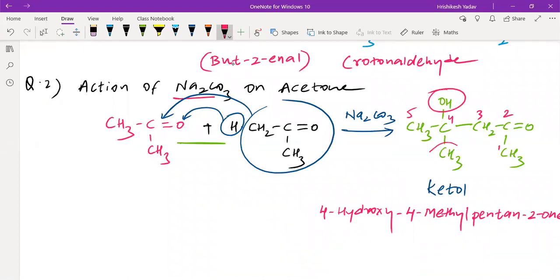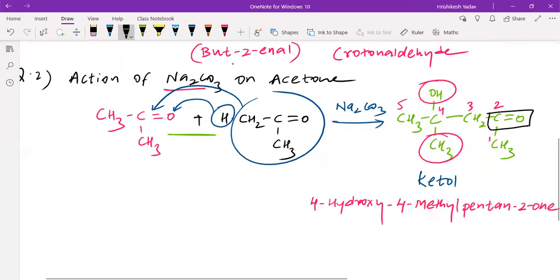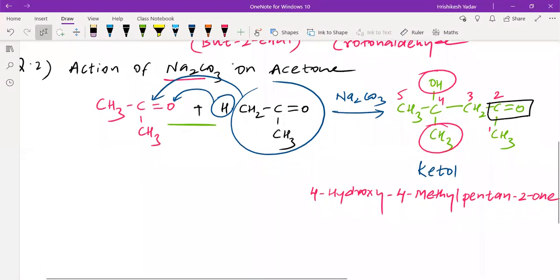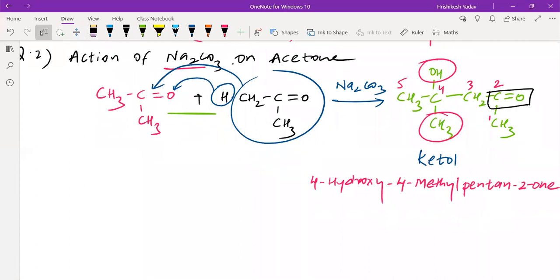These are the two groups which are attached, and there is one main functional group which is this. So the name of this compound ketol is 4-hydroxy-4-methylpentane-2-one.